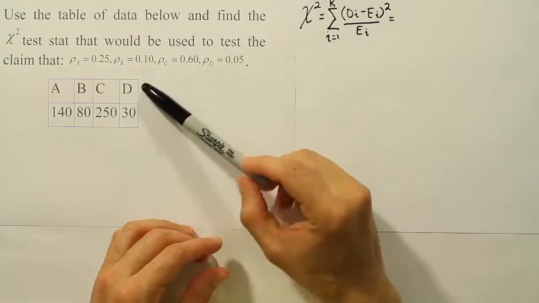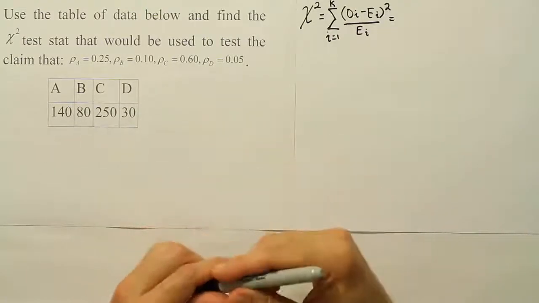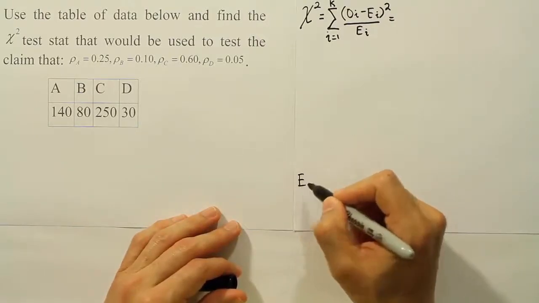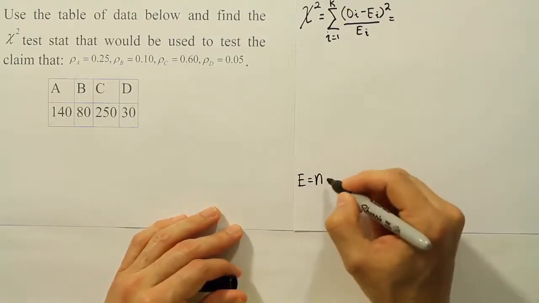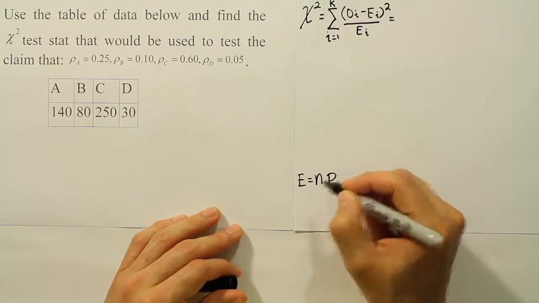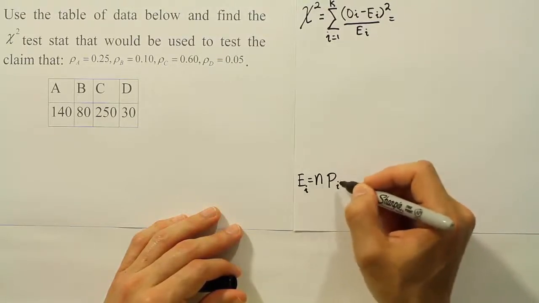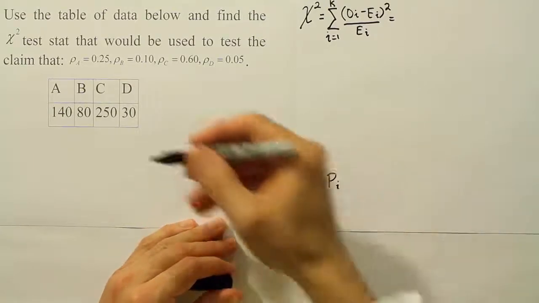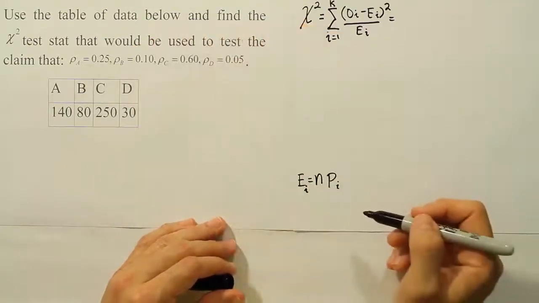So the first thing I'm going to need to do is come up with my n for the problem, because we need to know the expected values to use that formula above. The expected values are defined as E_i equals n times p_i. The i just means that we'll have different expected values depending on what the hypothesis says for the different categories.